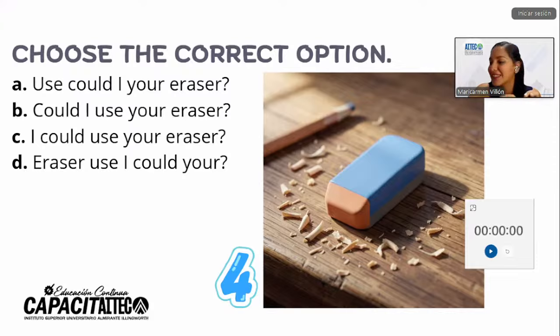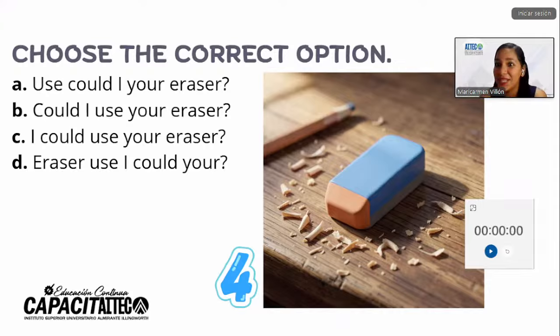Requerimientos amables. ¿Qué dice? Use, could I your eraser? Incorrect. No way. I could use your eraser. Más una afirmación. Excellent. Could I use your eraser?